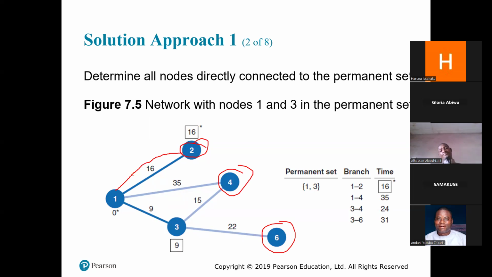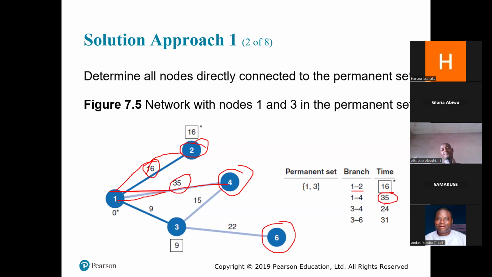And the value from 1 to 2 is 16. So 1 to 2, 16. Now, another branch that is connected to the permanent set, we have 1 to 4. That one is 35. So see here is 35.